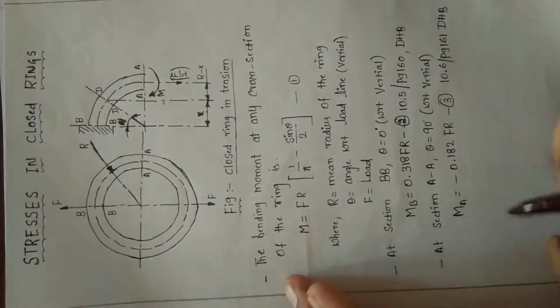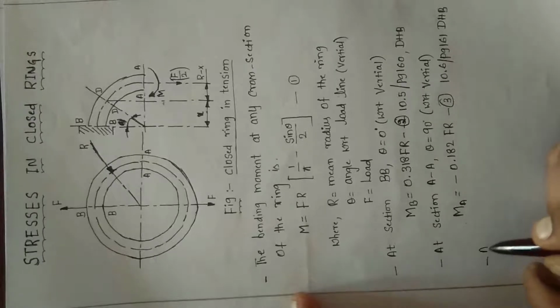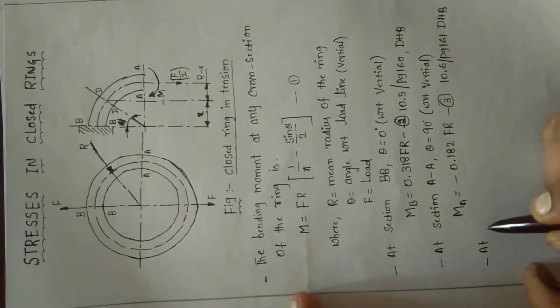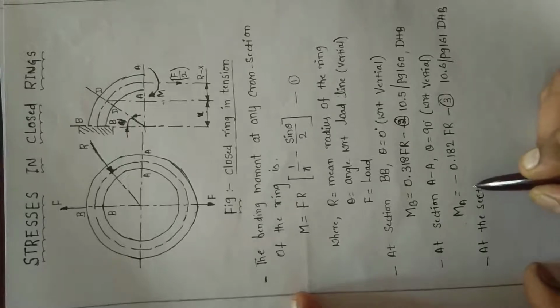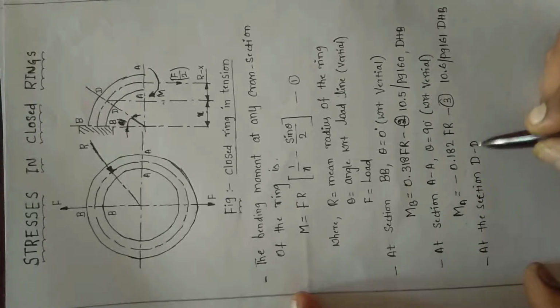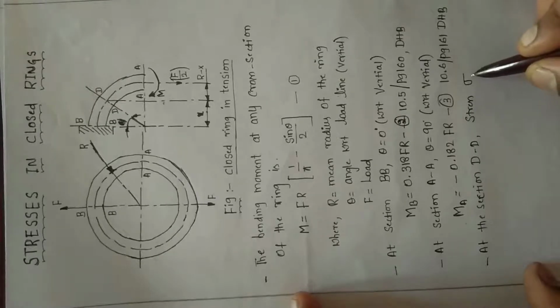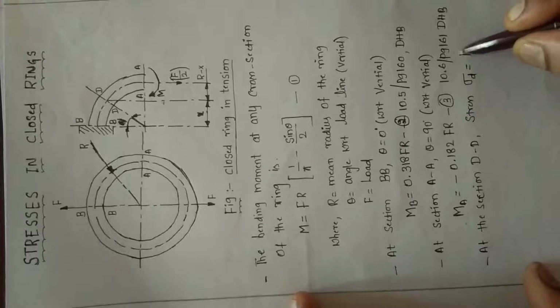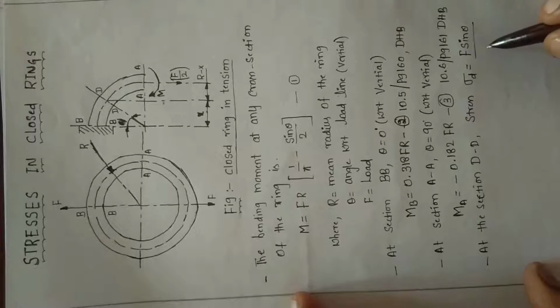So now the stresses at DD, we can call it the direct stresses at the section DD. Stress sigma D is equal to F sin theta whole divided by 2A.